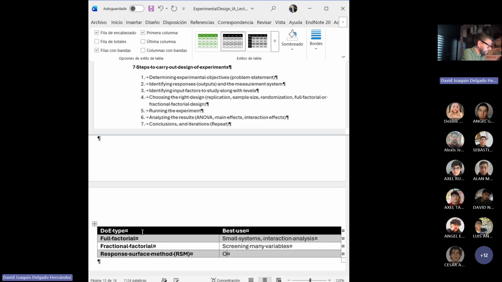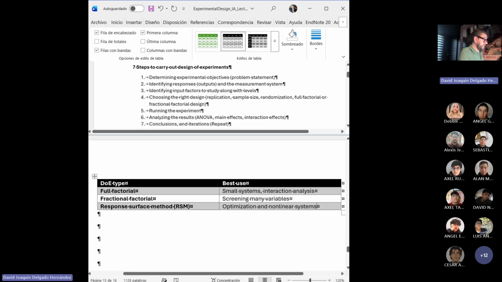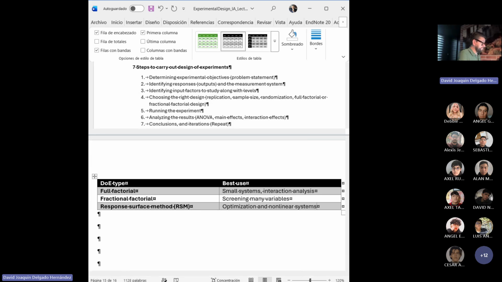You use it when you want to optimize and you are in front of nonlinear systems. Okay? That will be the summary of today's lecture.